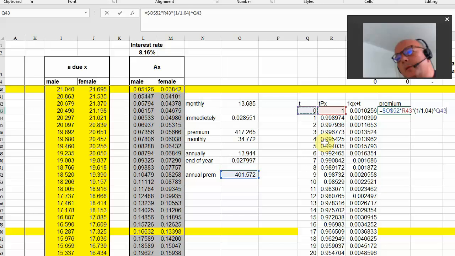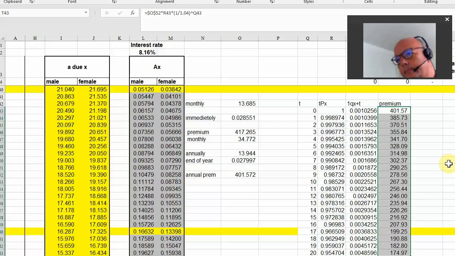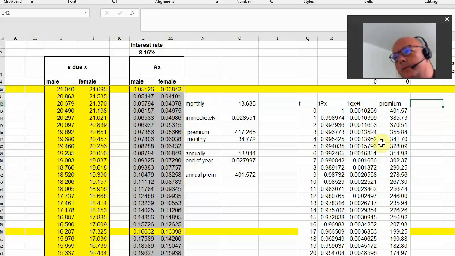Okay, so that's the present value of the premium. I should make that present value.